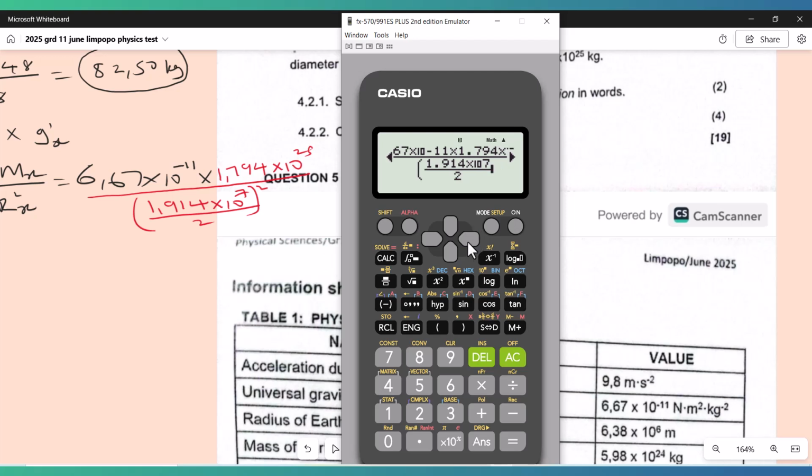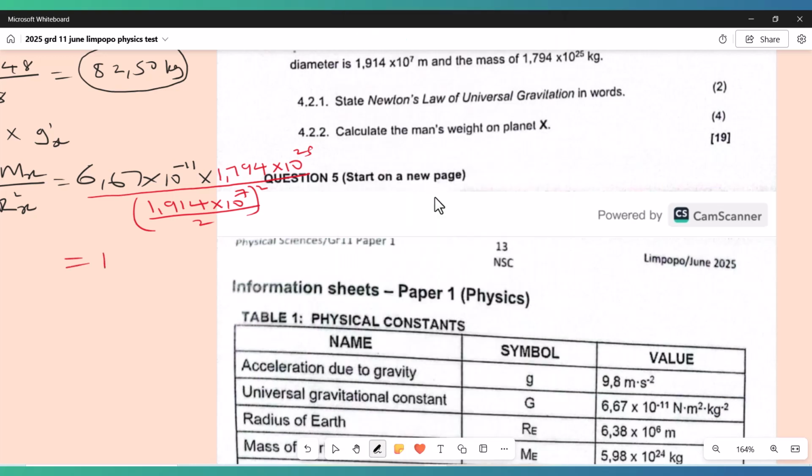It must be squared, and that gives us 13,065. This is our gravity on planet X, 13,065.